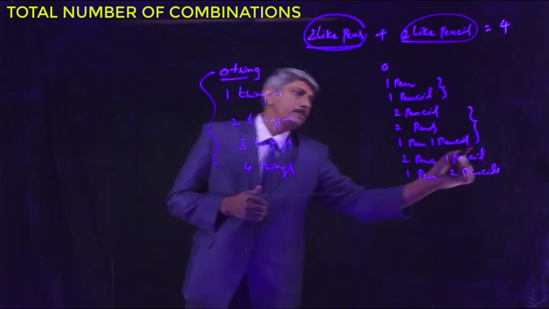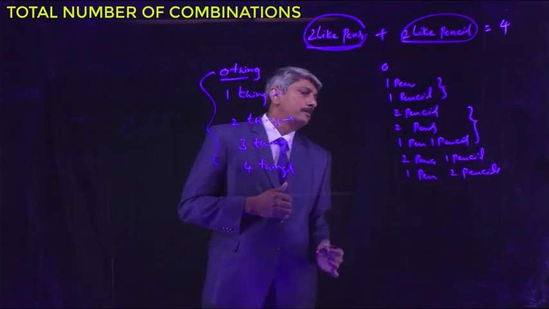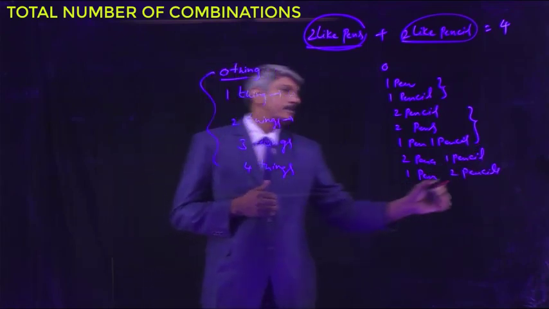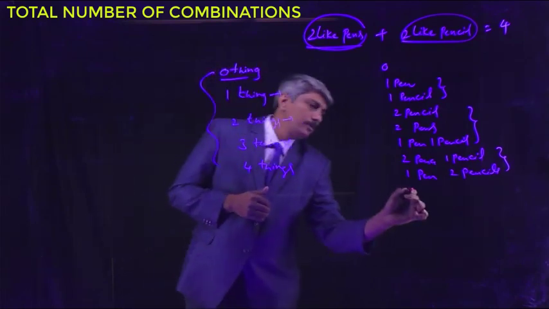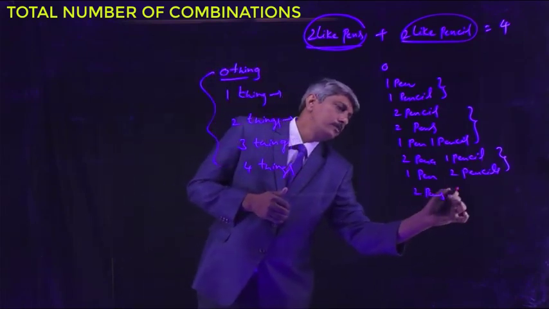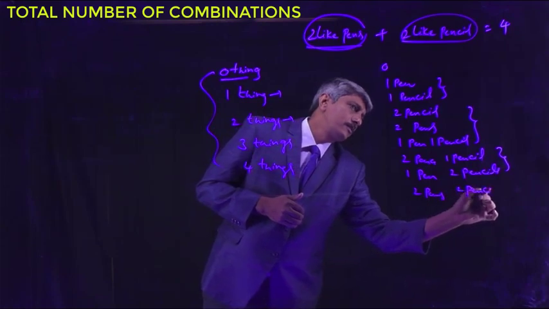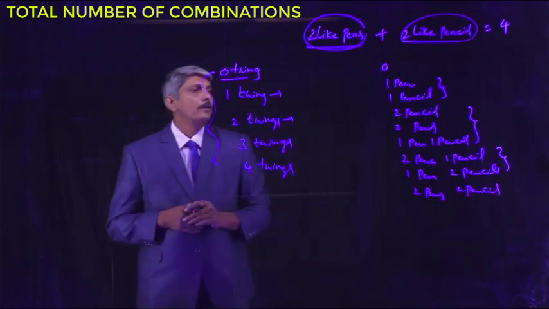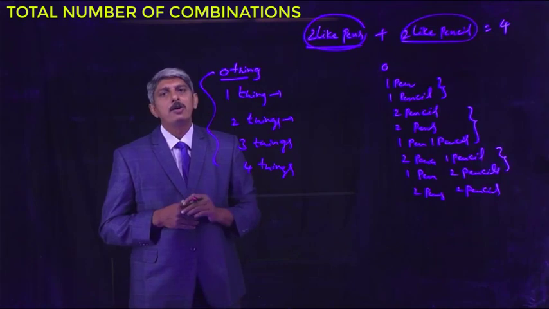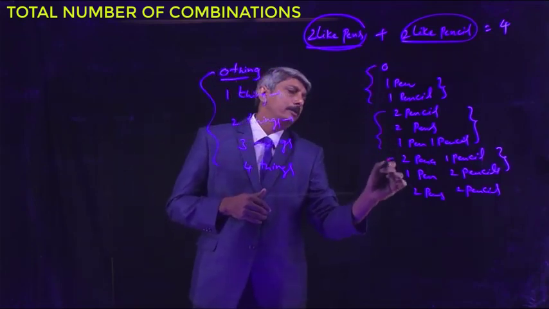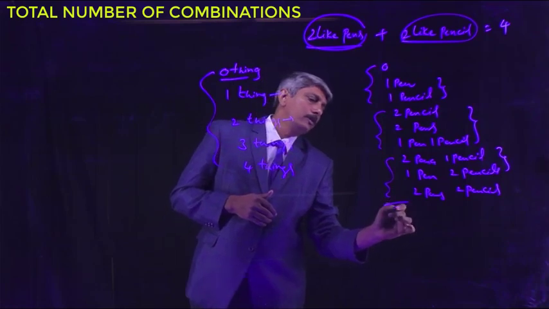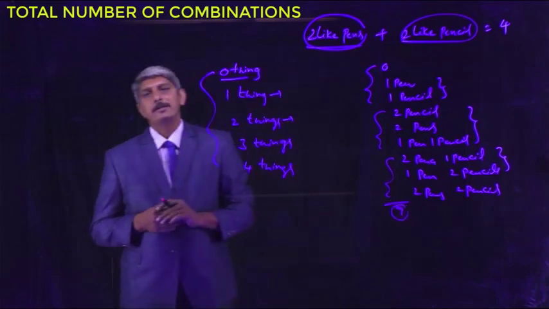So how many cases? 2 cases. Now 4 things means 2 pens and 2 pencils. By observing, totally how many cases arise? 3, 3, 3. Totally we have 9 cases.